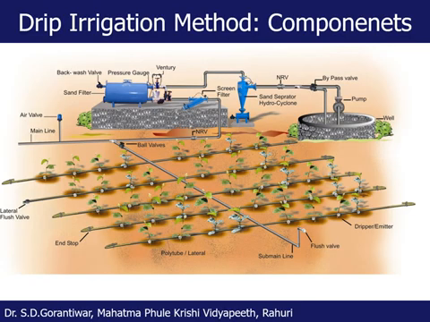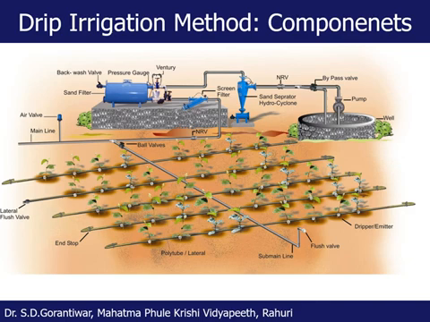Okay, and this particular sketch, this particular diagram, in fact shows all the parts of the drip irrigation system, all the components of the drip irrigation system, which need to be studied, which need to be looked into properly actually. Okay.